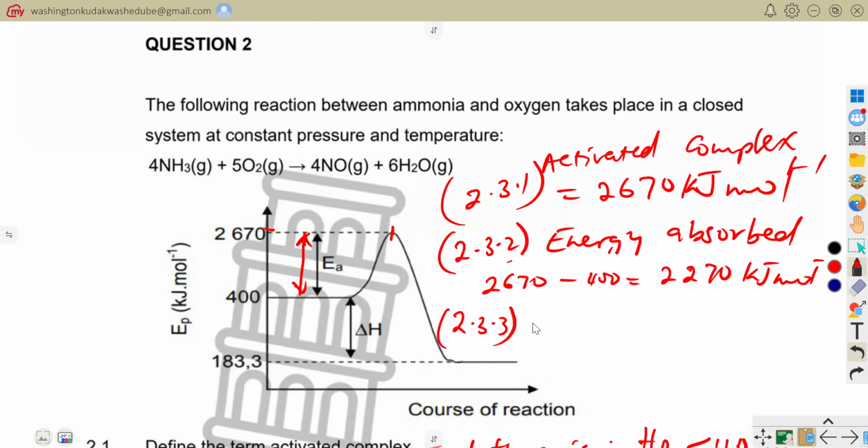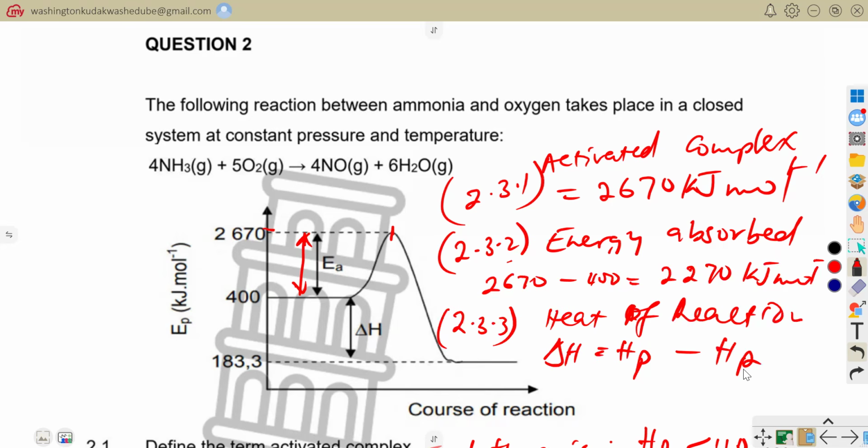And now you are looking for 2.33. They said heat of reaction. We know that our heat of reaction is just the change in enthalpy, which is enthalpy of products minus enthalpy of what? Reactants. What is the enthalpy of our products? It's 400 minus the enthalpy of our reactants, which is 183.3. Now, what becomes our answer?